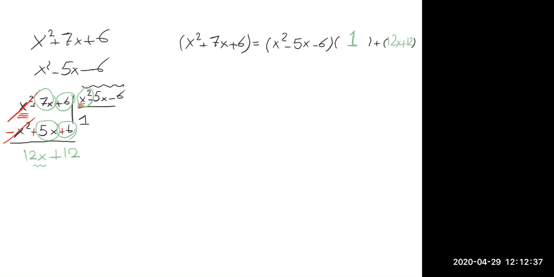Now, just like the Euclidean algorithm for integers, I should continue doing the same. I should divide x squared minus 5x minus 6 by 12x plus 12. Now, let me tell you something.